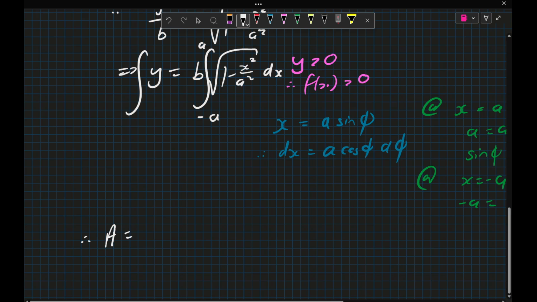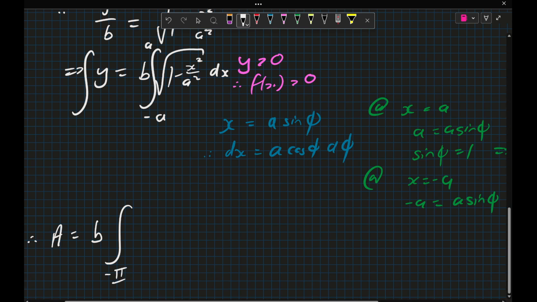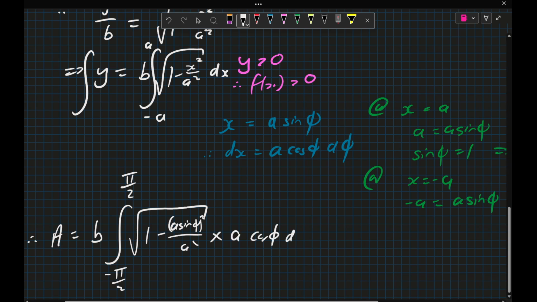So for our area, we can write A as b, but now we're actually integrating between minus pi over 2 and plus pi over 2 of the square root of 1 minus, now x is a sine phi, so a sine of phi squared divided by a squared, times dx, which we know is a cos phi d phi.